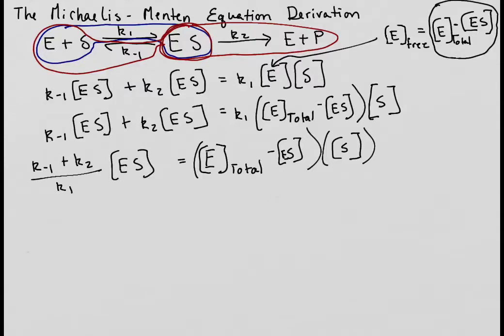And from there, we can recognize this conglomeration of rate constants as being the Km. That's the term given to that compilation.